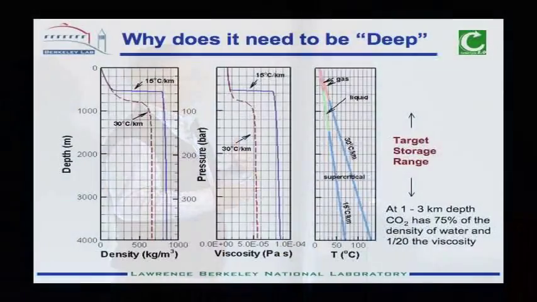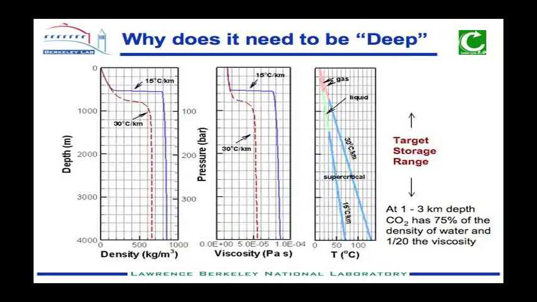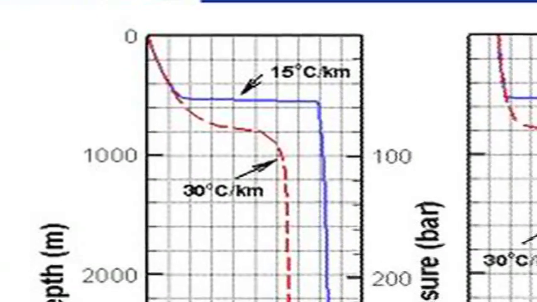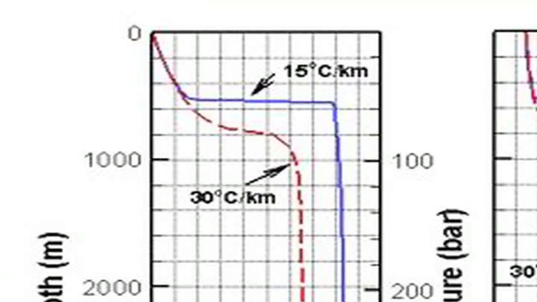At the surface, of course, CO2 is a gas and it takes up 22.4 liters per mole, but it turns into a supercritical fluid at a depth pressure that's a little bit less than 100 bars, and its density then goes from practically 0, like a gas, up to about 2/3 to 3/4 of the density of water. So this means that you can use a lot less space to store this CO2, and also it won't be so buoyant if you've got it compressed down to this density.